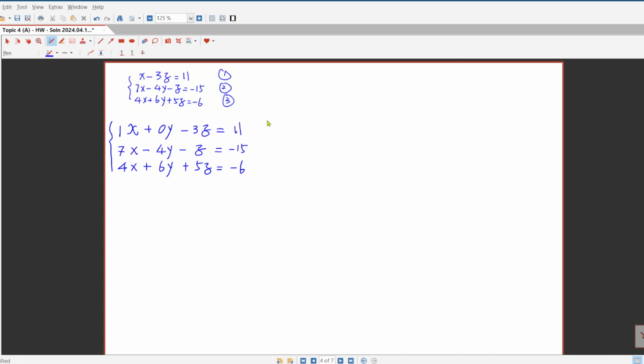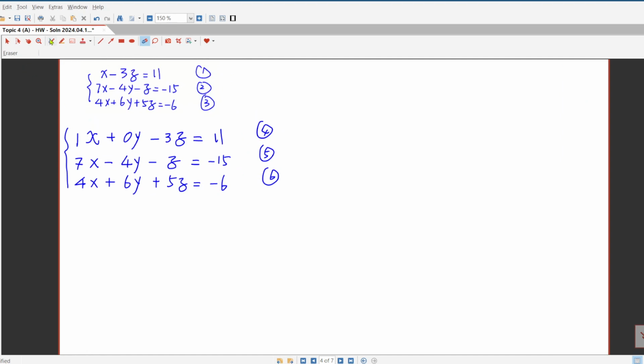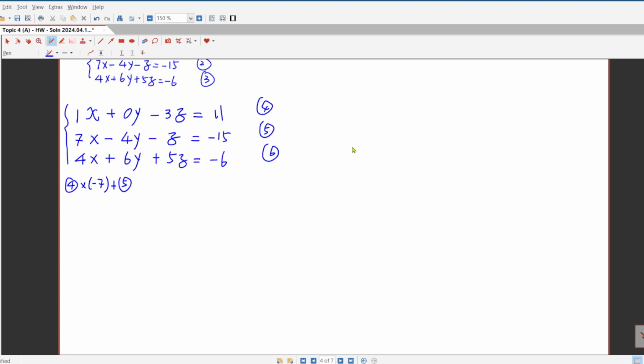And let's call these 4, 5, 6. And next we could use equation number 4 times -7, add it to equation number 5 to eliminate x here, right?